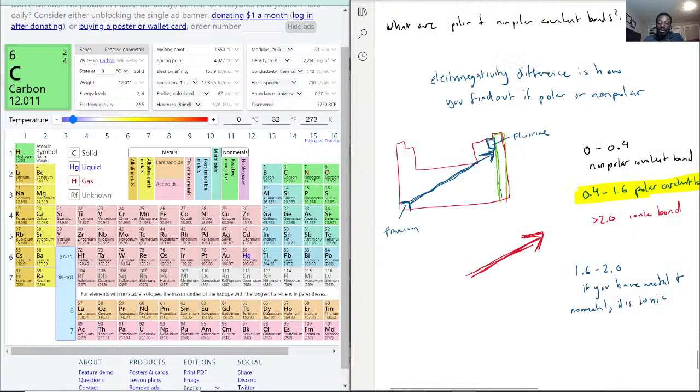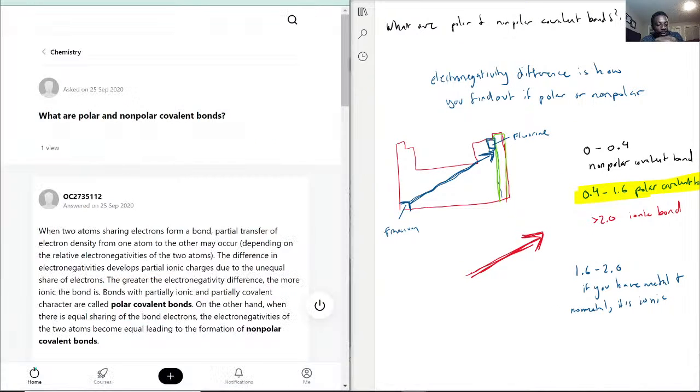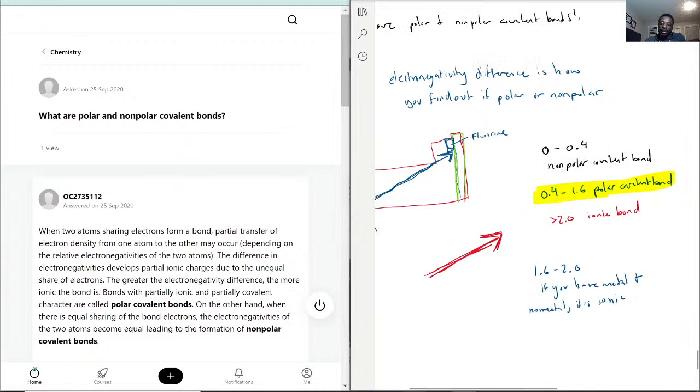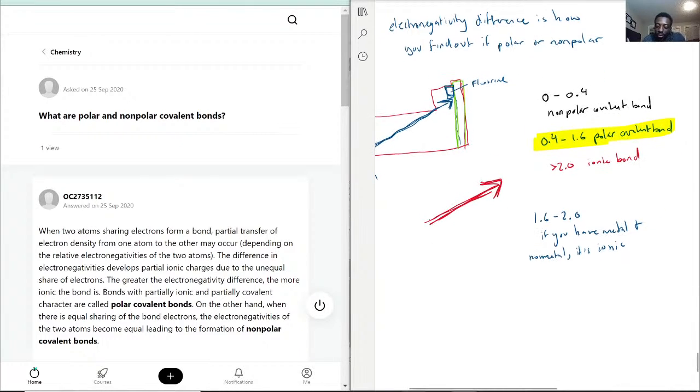So now the question is asking, what are polar and nonpolar covalent bonds? Nonpolar covalent bonds mean that overall, when you have carbon and hydrogen, you wouldn't have a net charge. These would be kind of equal. It wouldn't be leaning towards either side because the difference is 0.35, okay?